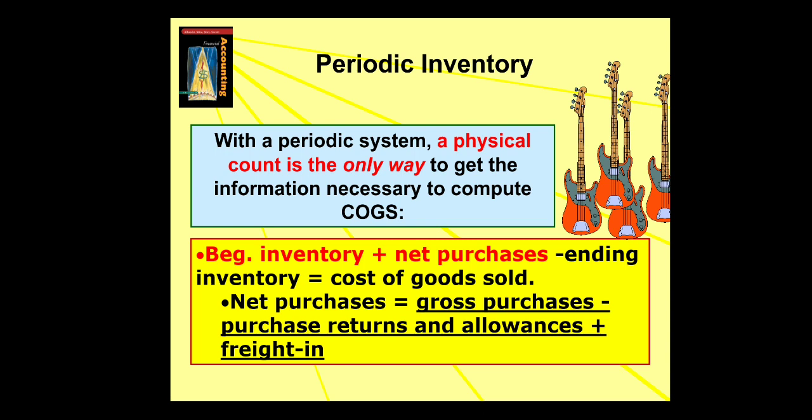When you purchase something, you only update the purchases account. When a customer returns items, you update sales return and maybe cash or accounts receivable. And if your shop returns items to a supplier, you only update purchase return and maybe cash or accounts payable. So you do not update the inventory account.